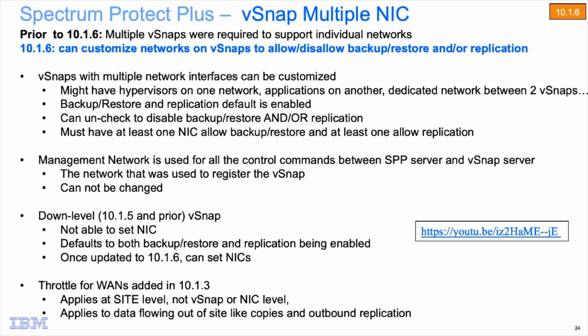Basically, this lets you control which workload goes over which NIC. So for instance, if you want your backup and restore to go over one NIC, and your replication to go over another network interface card, you can have that happen. That's beginning in version 10.1.6, and again, you can see a demo of that.